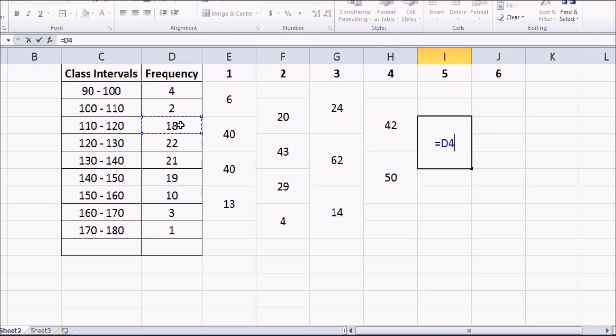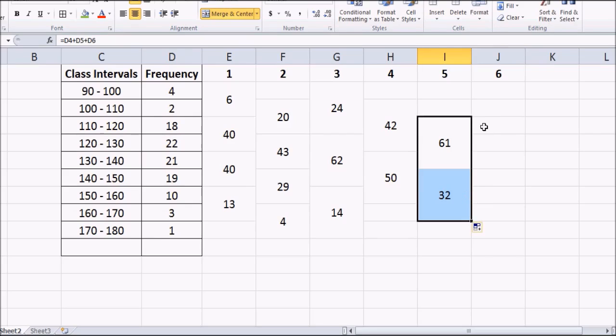It will be 18 plus 22 plus 21. Okay, and then further down, I think we can again extend it only to 1 level, and then let's find the maximum in each of these cases. Here 22 is the maximum.